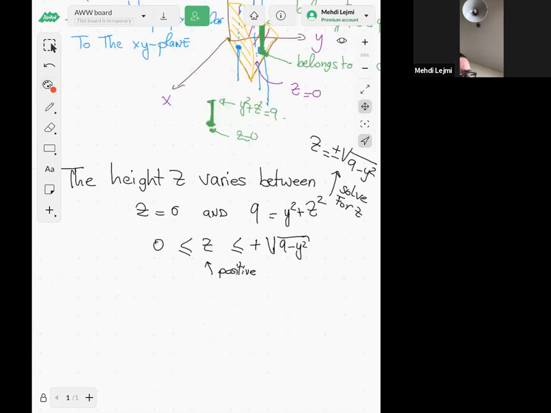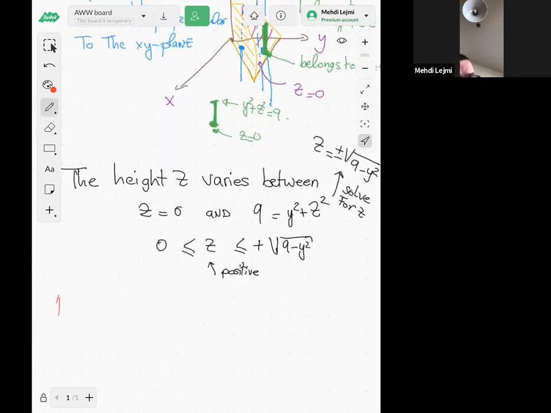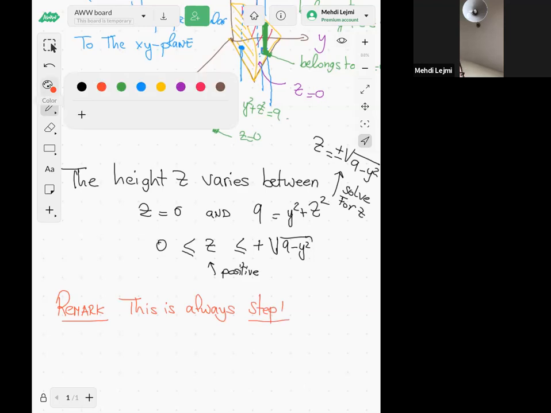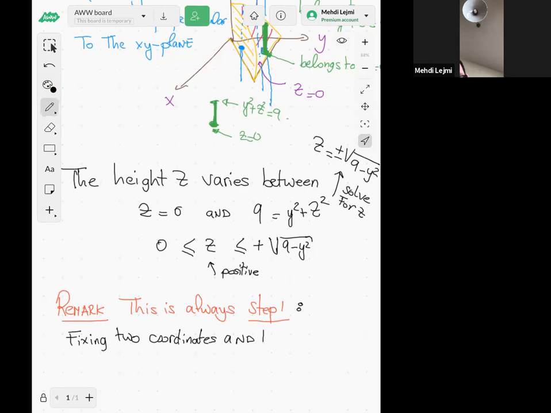So, just a remark: fixing two coordinates and finding the bounds of the third coordinate.